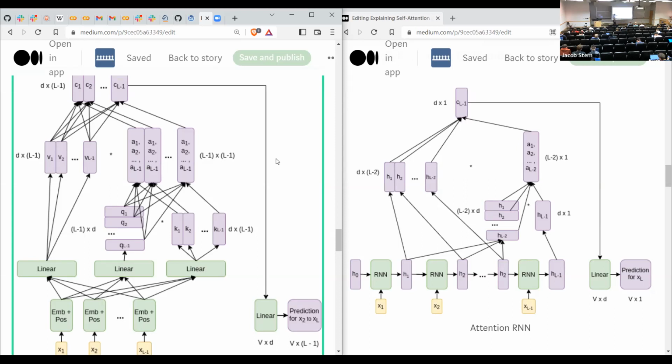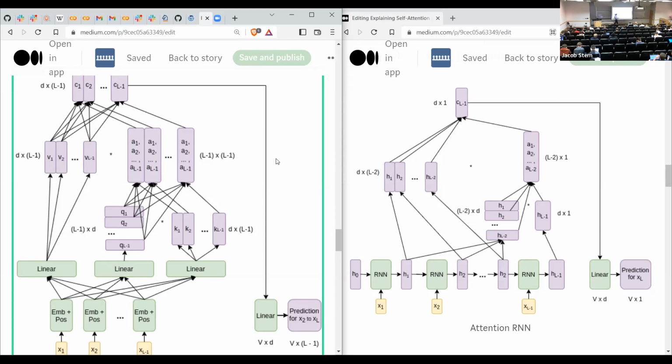That came from the fact that we had L-1 of what we will call query vectors. Instead of just comparing our last hidden state to all of the other hidden states, we compared all of our hidden states to all of the previous hidden states.